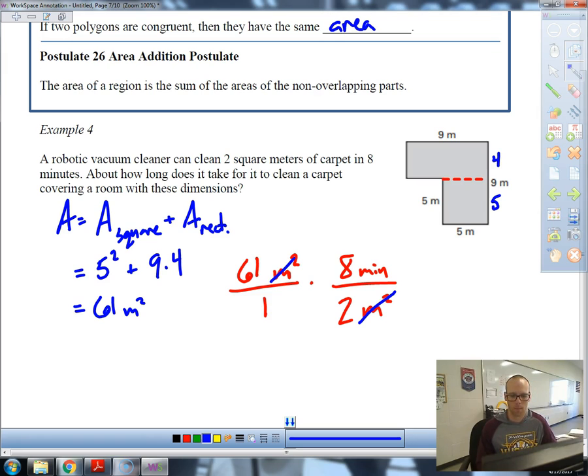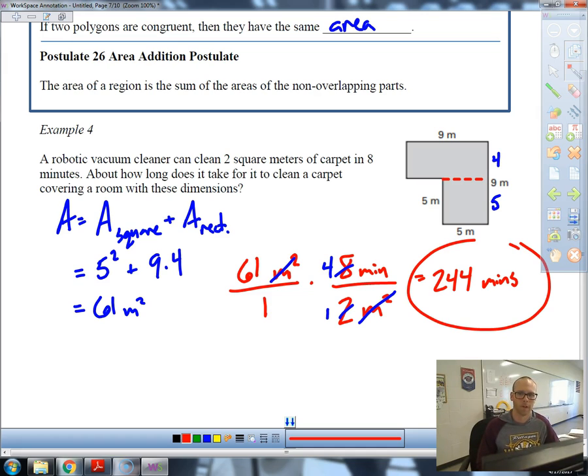You may notice this would simplify: the 2 and the 8 reduce to a 1 and a 4. All I have to do is take 61 times 4, 244 minutes. So, just over 4 hours. Very good.